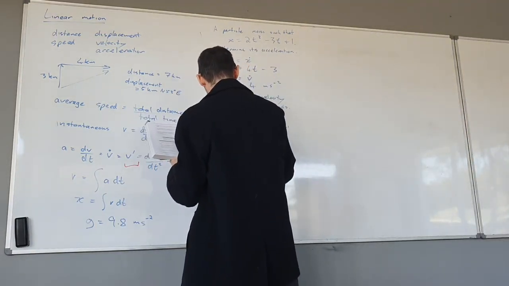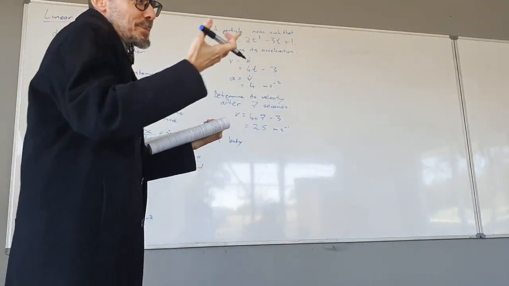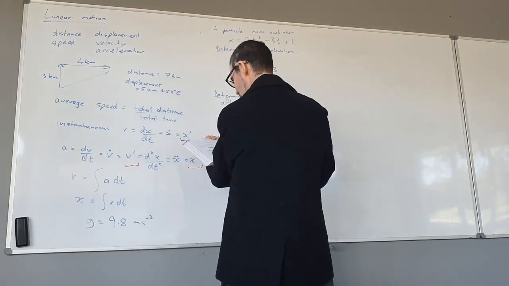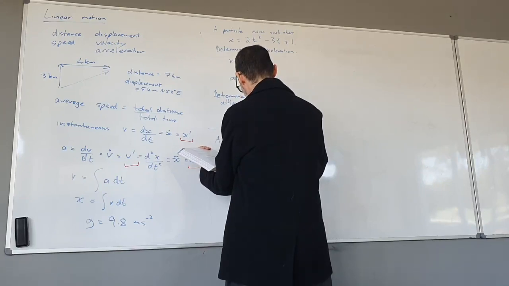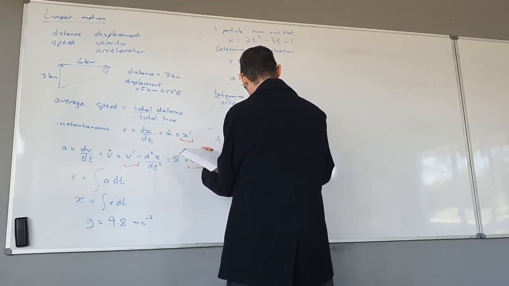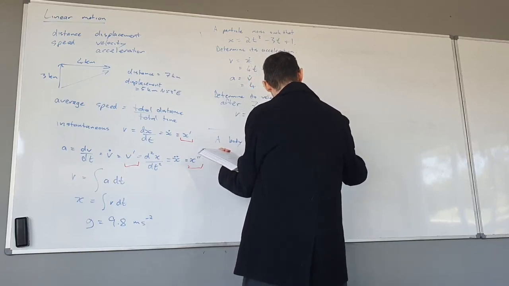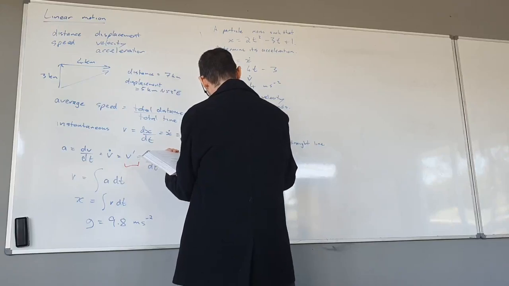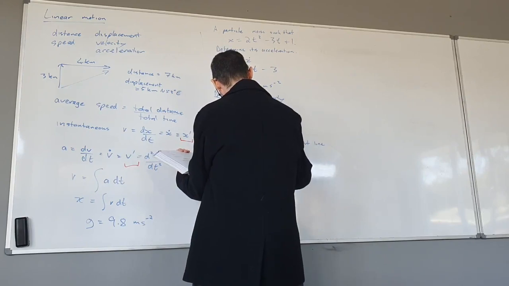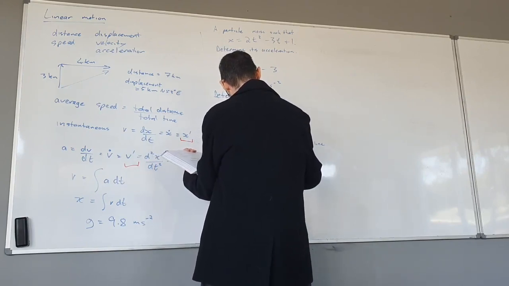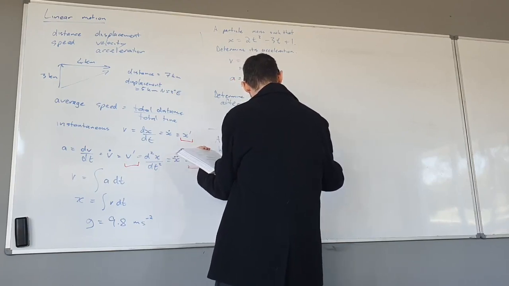A body, don't think a dead body, all right? We're not talking about a dead body. A body, a thing, an object, a particle. A body moving in a straight line has acceleration -2 meters per second per second.